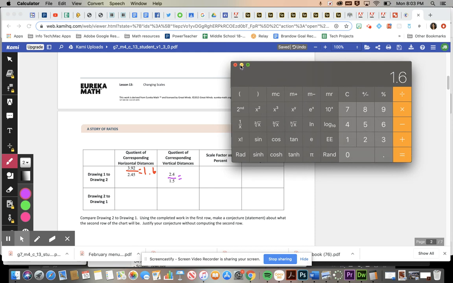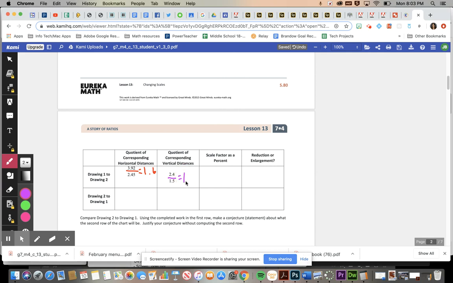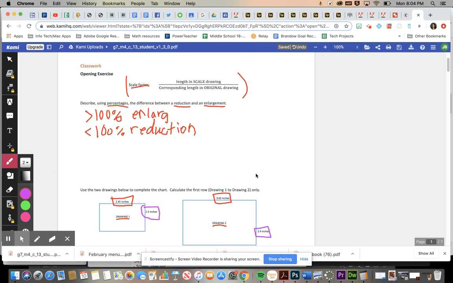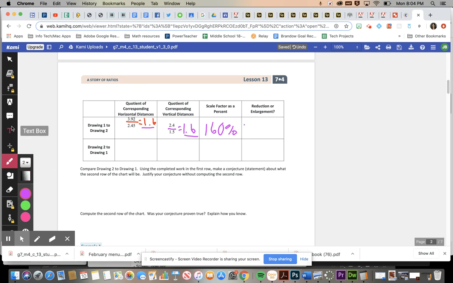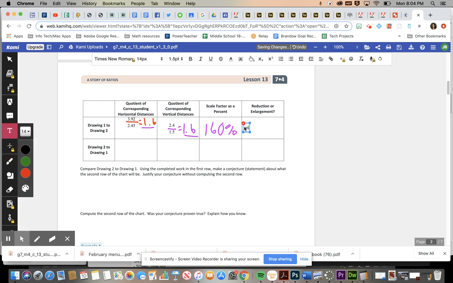That's also 1.6. And this is my decimal for both of them, 1.6. Box 3 is scale factor as a percent. So if I move it over 2 places, that's 160%. And I know that if it's greater than 100%, it's an enlargement. Okay.